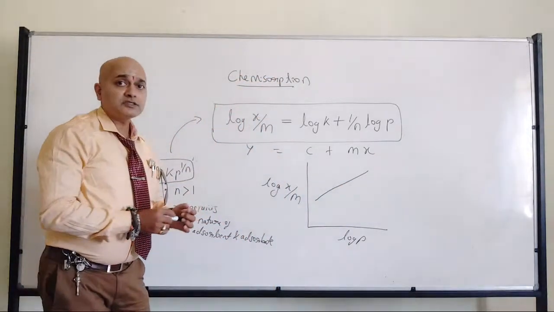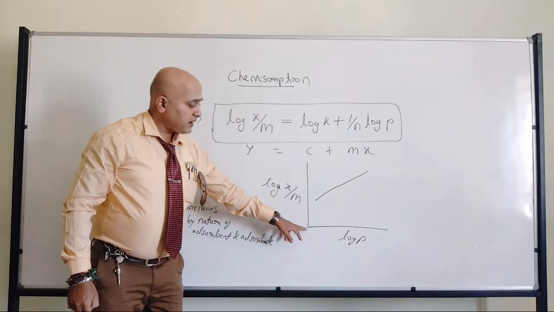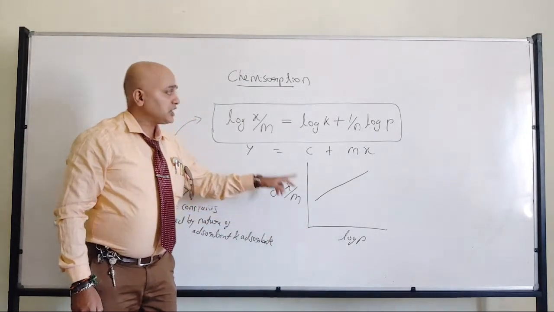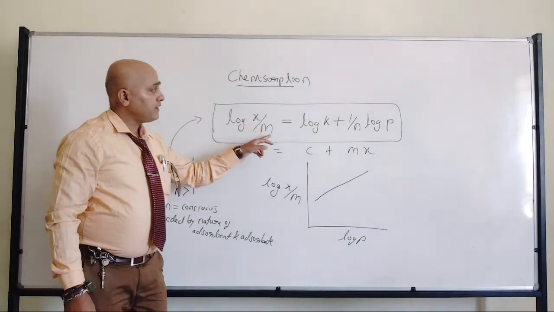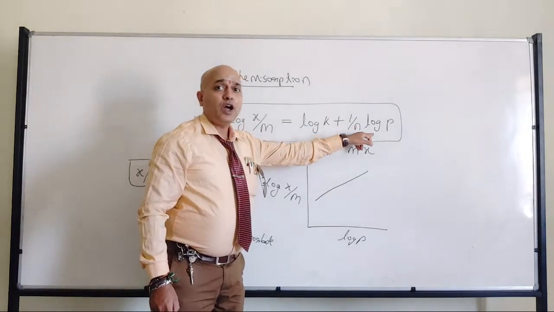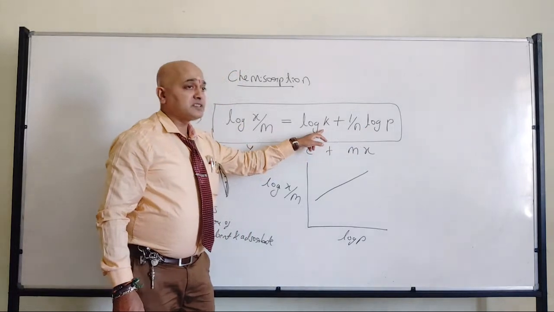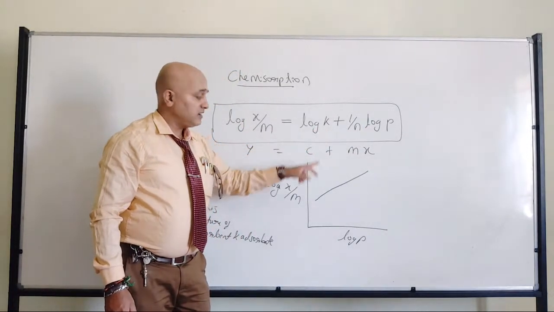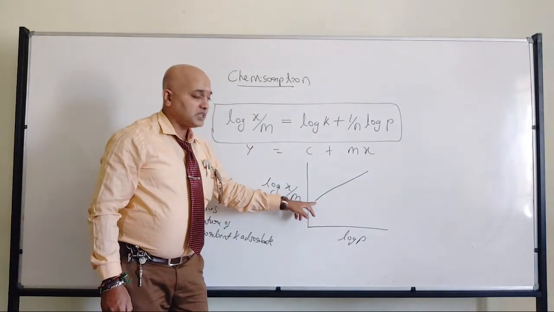Since I am having a positive slope value, the graph should be a straight line like this. It cannot pass through the origin. If it is passing through the origin, this equation would have been log of x by m equals 0 plus 1 by n into log of p. Here it is not 0, here it is log of k, so it should not pass through the origin.